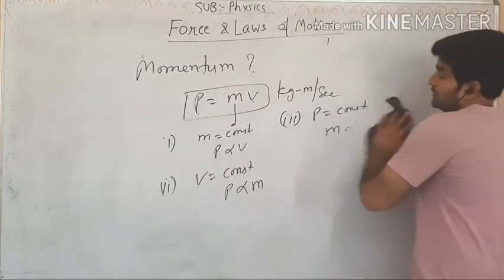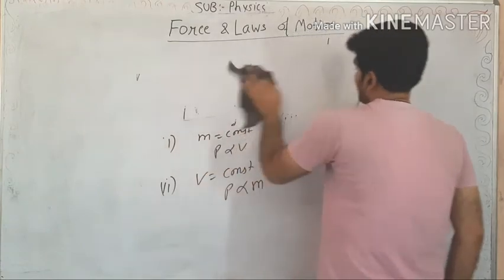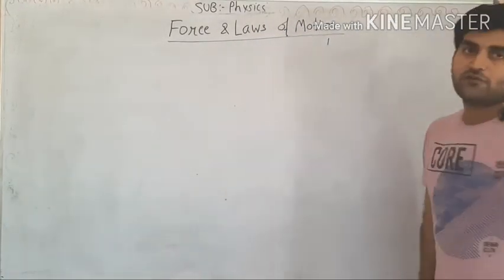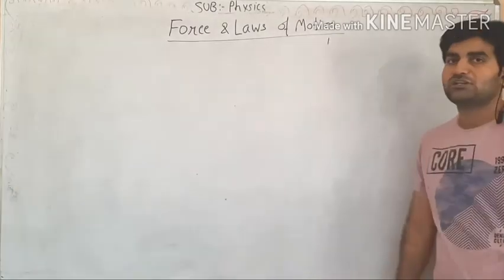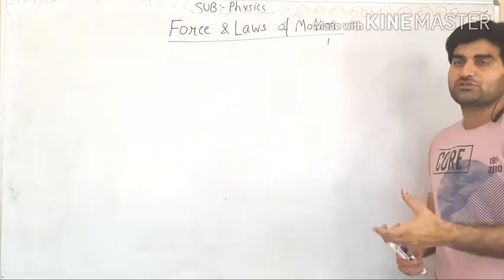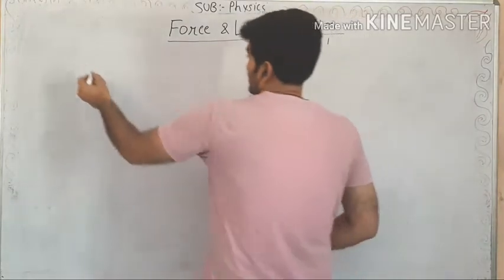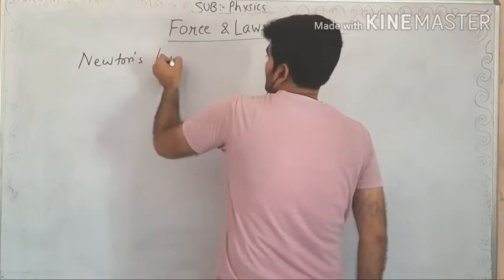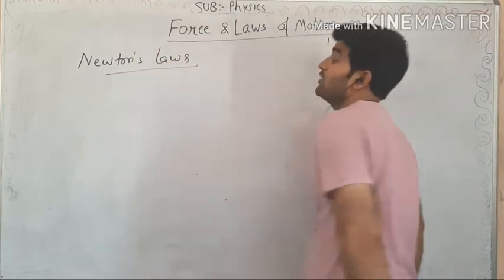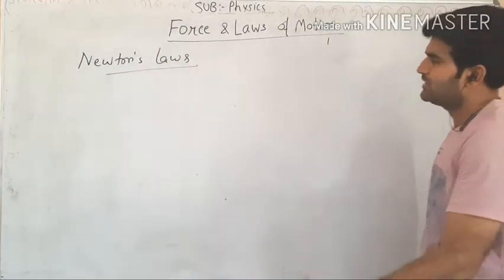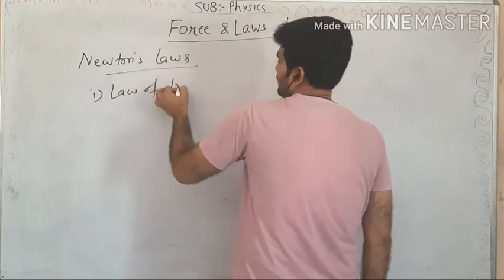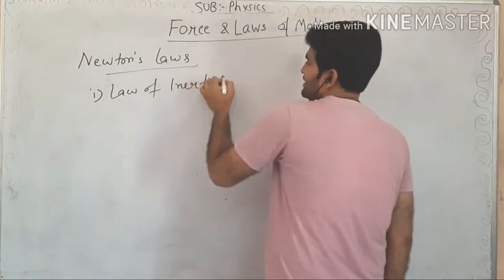Now we move to the next concept, which is very important: Newton's laws of motion. In your first chapter you have also studied Newton's equations of motion. These are laws. There are three laws. Number one, law of inertia.